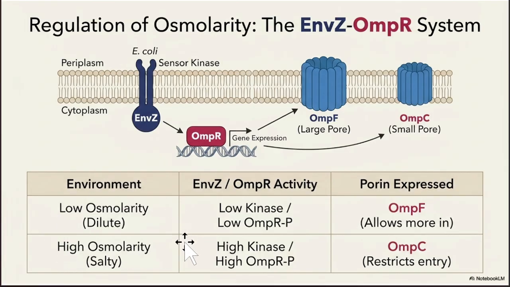When low osmolarity is present in the environment, low kinase or low OMPR-P occurs, and OMPF will open. During high osmolarity or salty conditions, high kinase or high OMPR-P activates and stimulates OMPC, which restricts the entry.